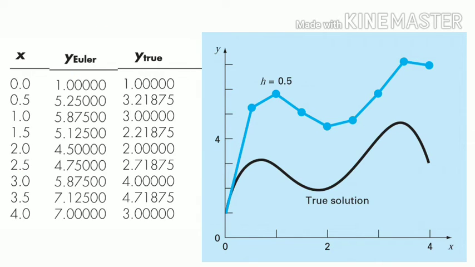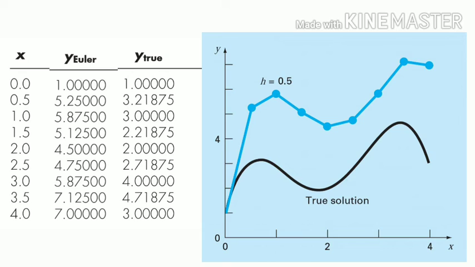Next we can compare the values of the actual solution, that is y true, and the values from Euler's method at different points. So you see at 0.5 Euler's method gave 5.25, whereas the true value is 3.218, and at x equal to 1, Euler's method gave 5.87, whereas the true value is 3.